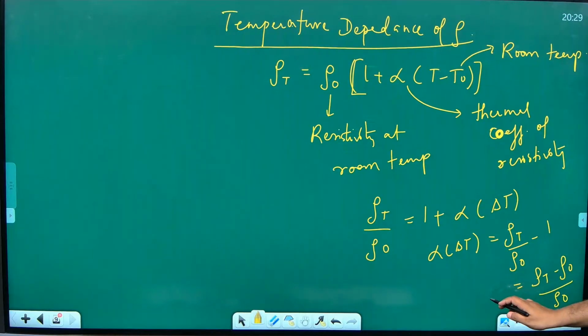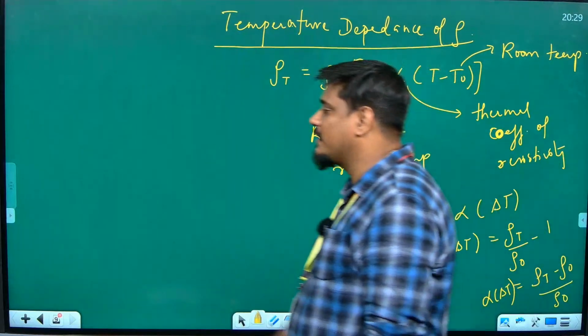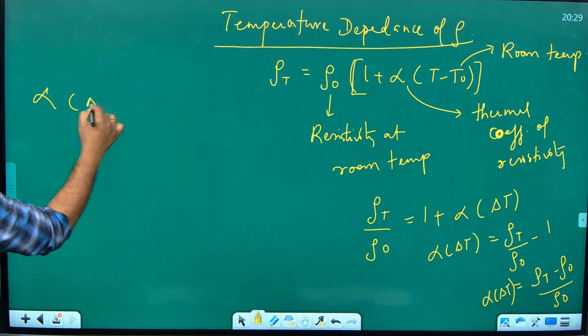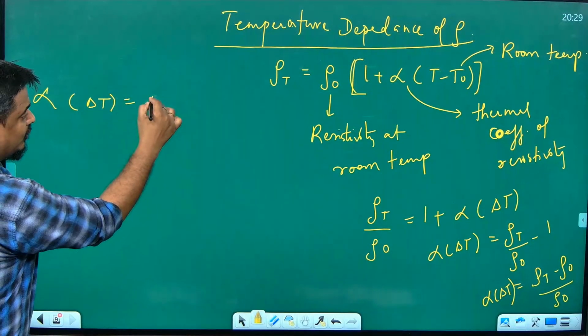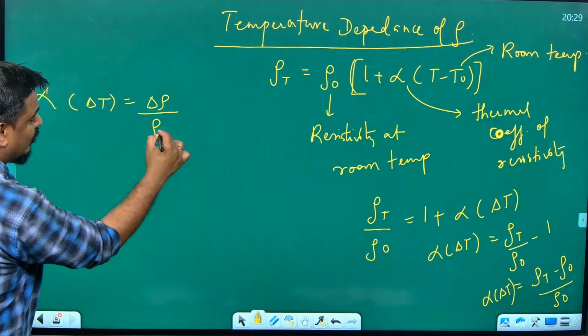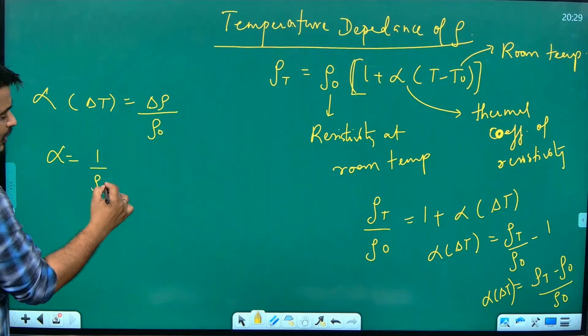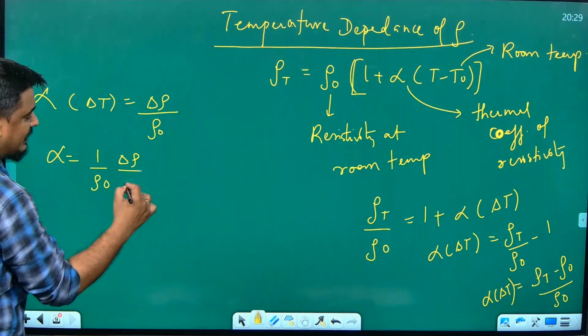Rho T minus rho naught is delta rho. So alpha into delta T is equal to delta rho by rho naught, and alpha becomes equal to 1 by rho naught into delta rho by delta T.